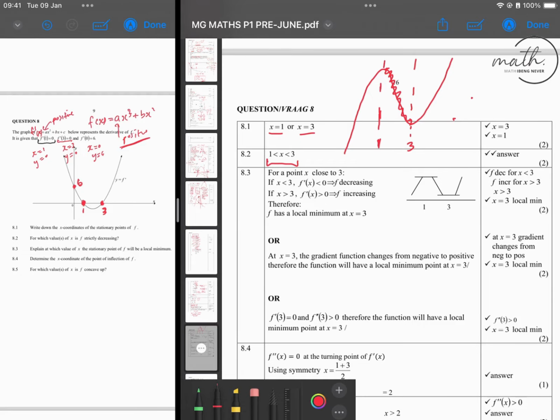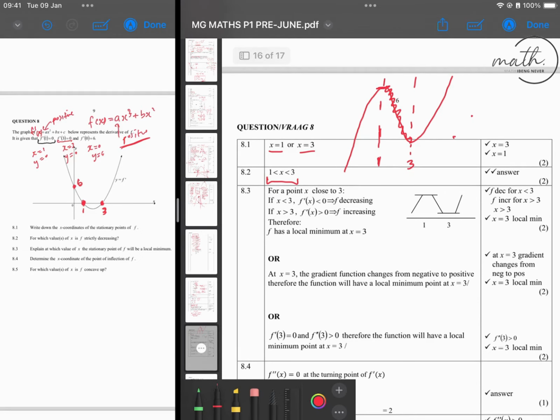8.3, explain which value of x, the stationary point of f, will be a local minimum. Again, now the sketch, you know, here it's going to be local max, here it's going to be local min. So at x equals 3. Otherwise, you can use the second derivative at that point and put in the value and then you'll know. But in this case, you don't even have the formula, but you can tell from the sketch that I just drew.